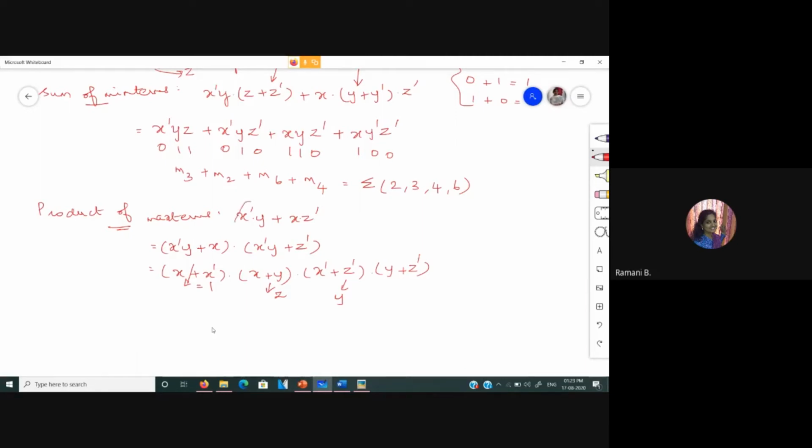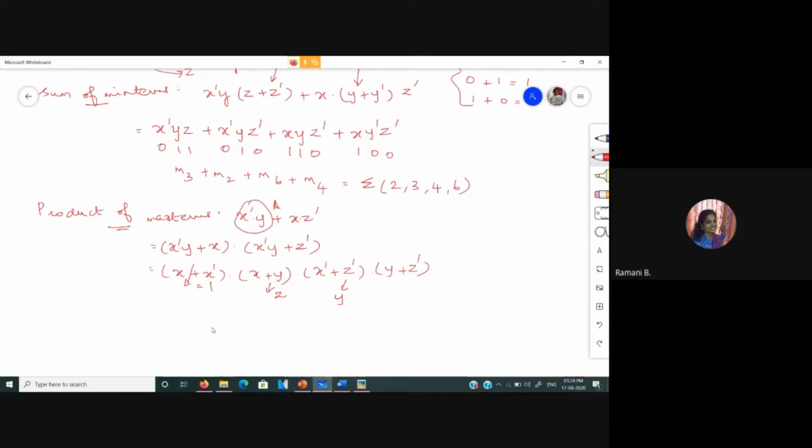Okay. So initially I am considering this whole thing as a single entity. Let me consider it as A. So A plus x dot z bar, so (A plus x) dot (A plus z bar). Now I am applying the distributive law again here. So this is a dot we have. So this will become x bar plus x, but I am just writing it in this way.